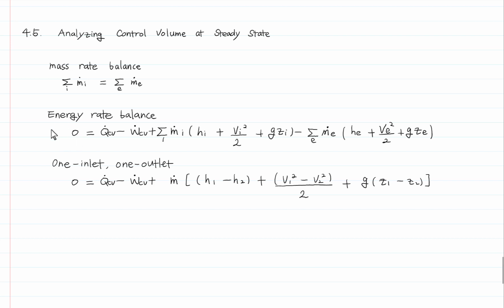So the left hand side term dE over dt is 0 at steady state condition. For a one inlet and one outlet system, this term indicates the change in enthalpy of the fluid, change in kinetic energy of the fluid, and change in potential energy of the fluid.